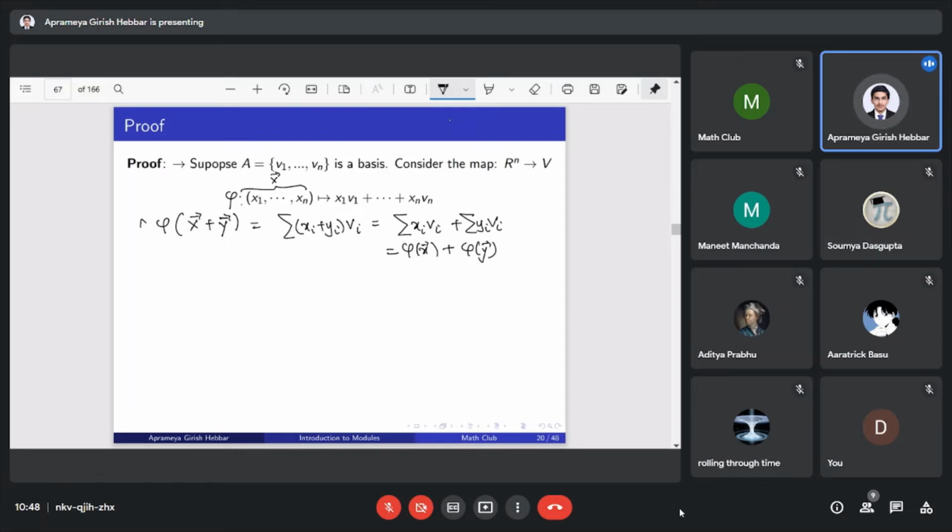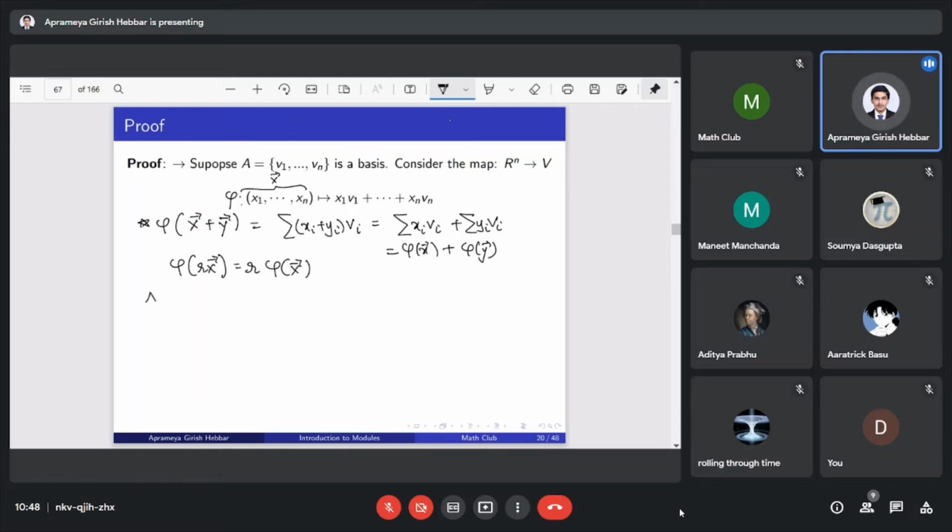So this is clearly a linear map. Again, you can check phi of r times x vector equals r times phi of x vector, because this would be rx1, rx2, up to rxn in place of x1, x2 up to xn, and you can just take out r.